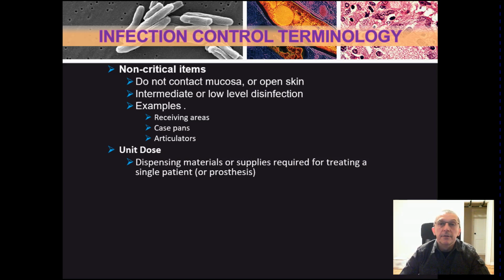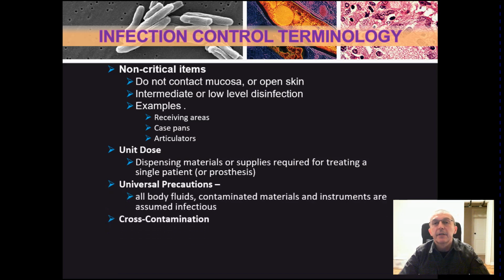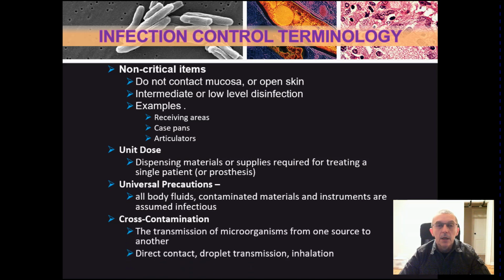Universal precautions. We mentioned universal precautions. Universal precautions are to treat all body fluids as if they were infected, and the instruments are assumed infectious. Cross-contamination, we went over before, is the transmission of microorganisms from one source to another.